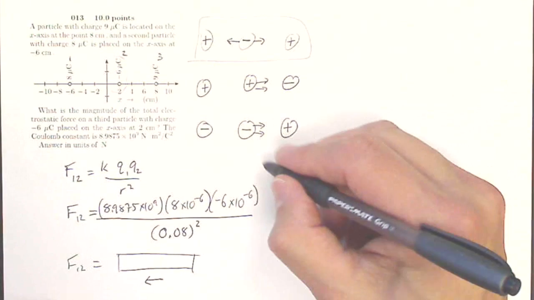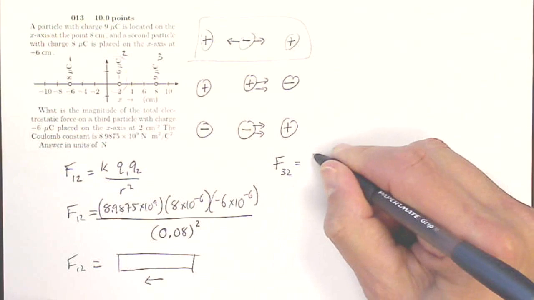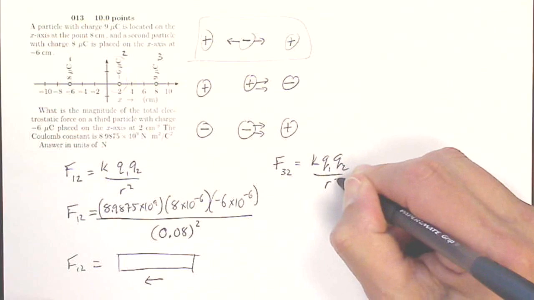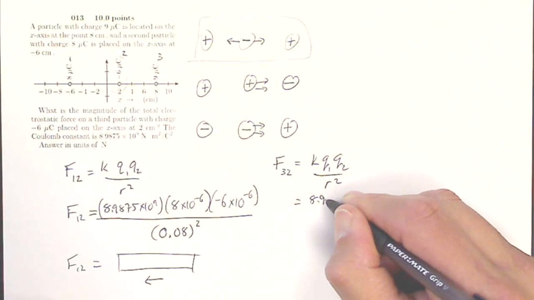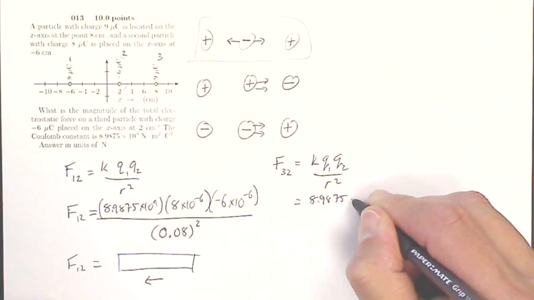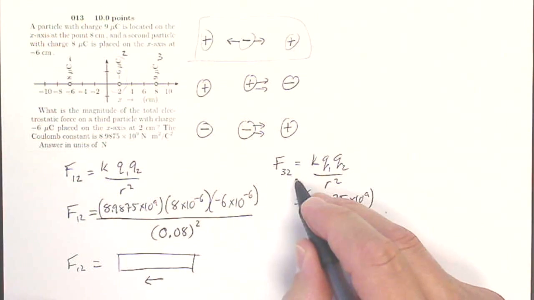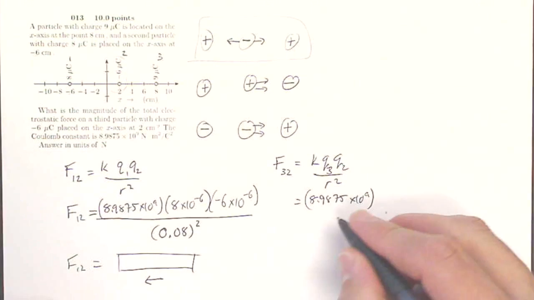My second force is going to be the force between particle 3 and particle 2, and that's going to give me K Q3 Q2 over R squared. That's going to give me 8.9875 times 10 to the 9th times my first charge, Q3, which is 9 microcoulombs.